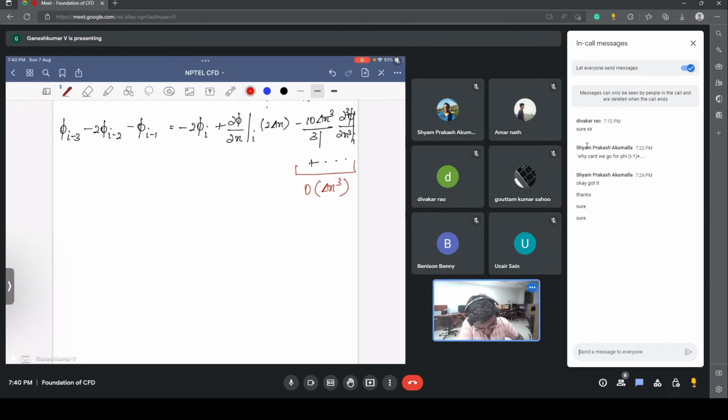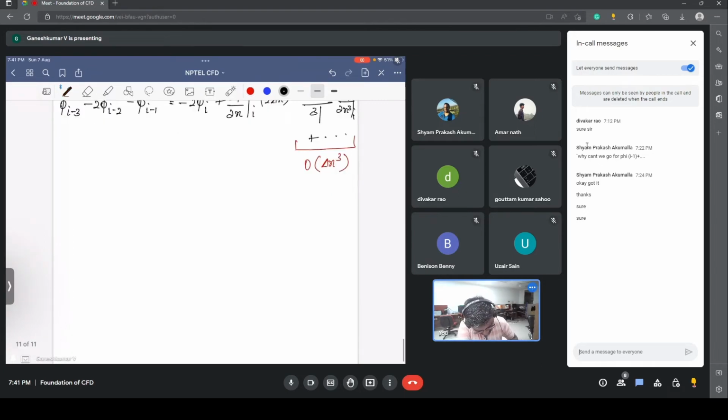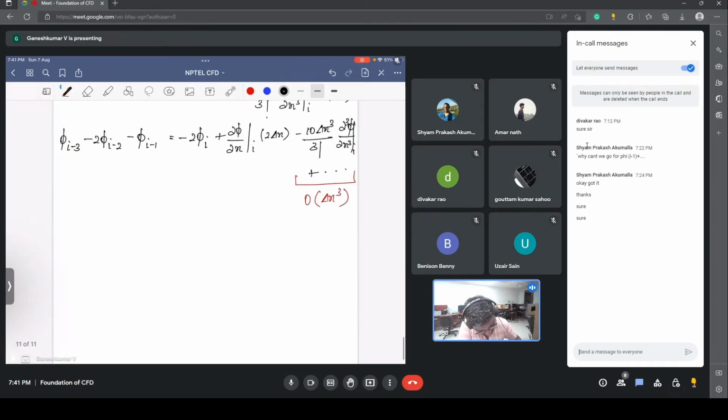Okay, so if you simplify it, our main goal is to find dou phi by dou x. Let's take it to one side. Dou phi by dou x at i would be equal to, this is positive, let's keep it there, let's take everything on the other side.